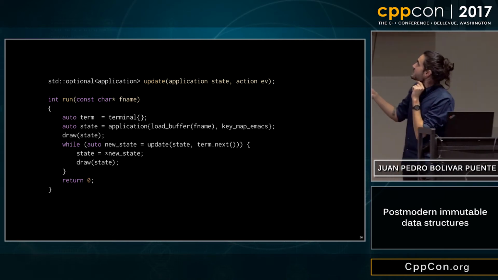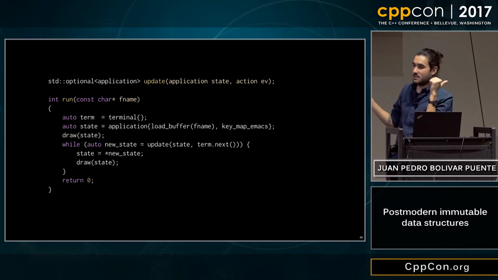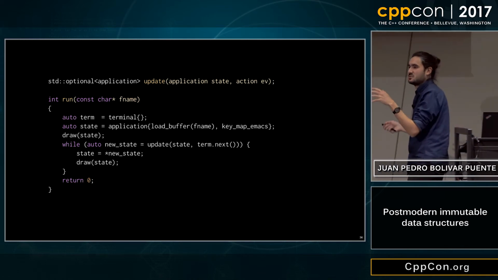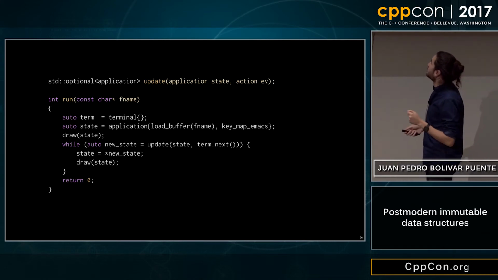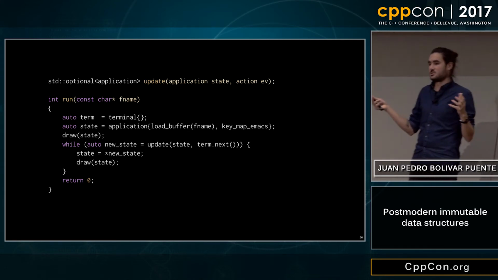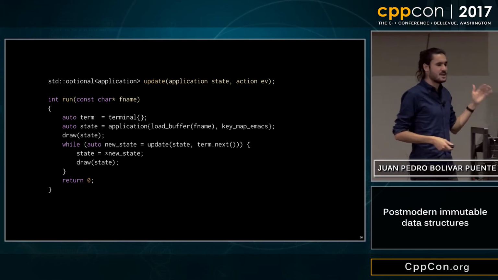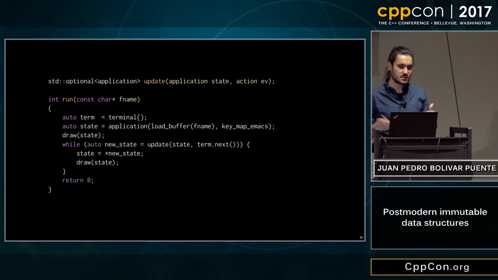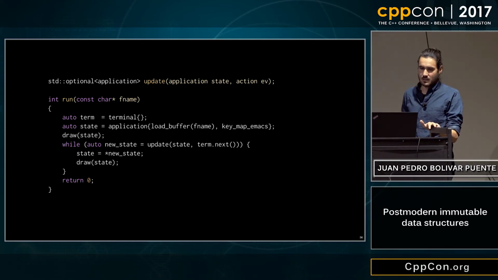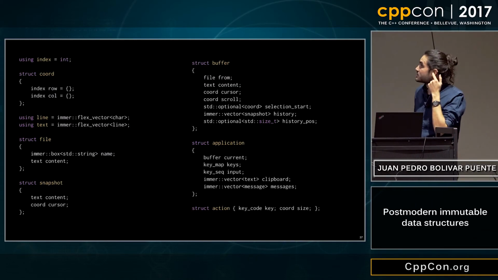There is also maybe one slight API change from the previous slide, which is that here, instead of returning a new application, it returns an optional. It's a way that I used before to signal that the application is done, so you return none when you want to exit. The API changes a little bit later when I added asynchronicity. I don't think it's very important to go into the details.